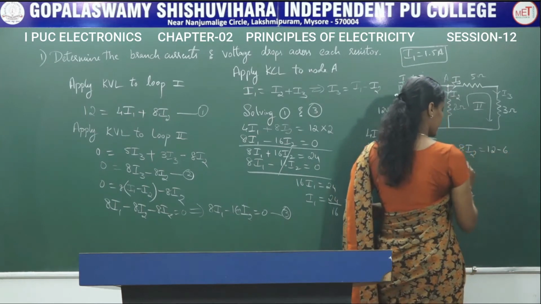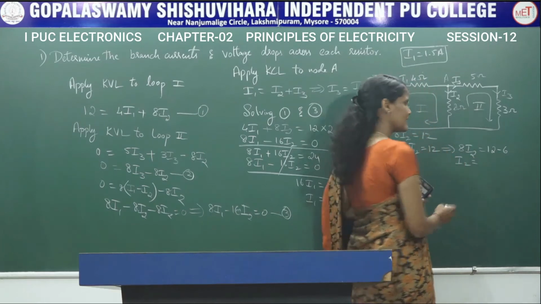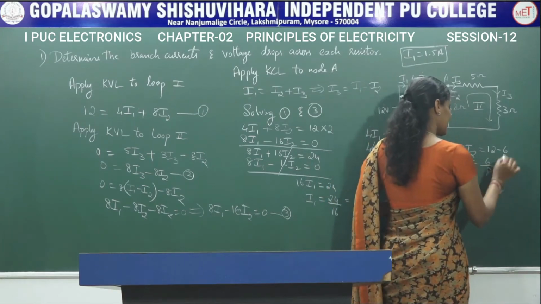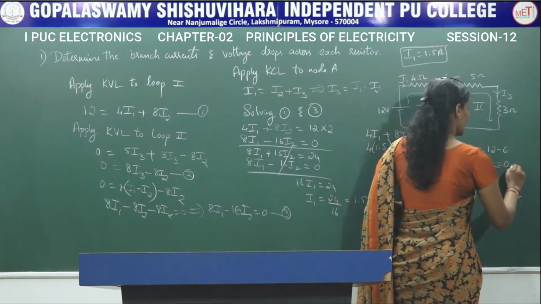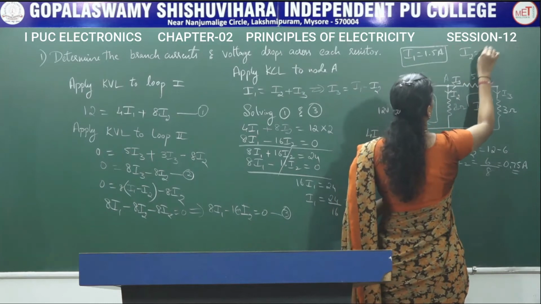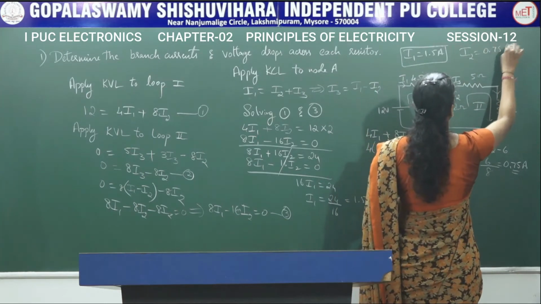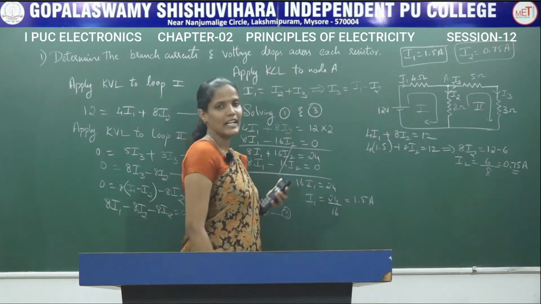So, I2 is equal to 6 divided by 8, which gives me 0.75 amps. So, I2 value is 0.75 amps. This is the second current, that is I2.